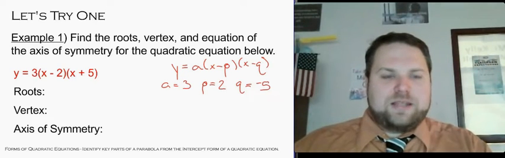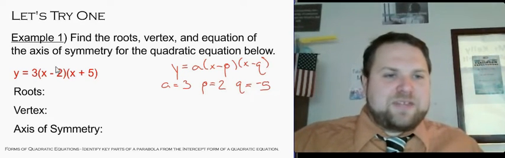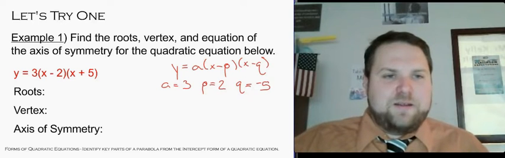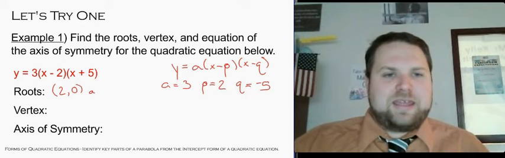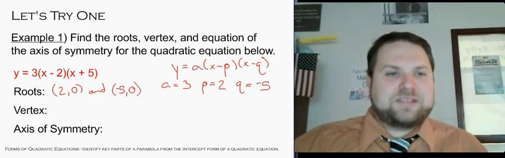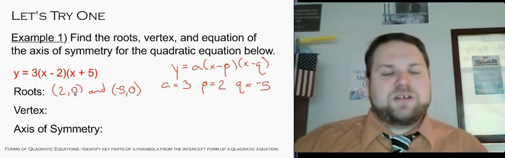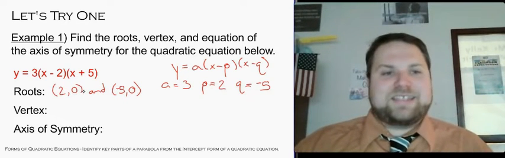I just remember that it is going to be p, so (2, 0), and now I use q, (-5, 0). Those are the roots of my equation. Easy as that.